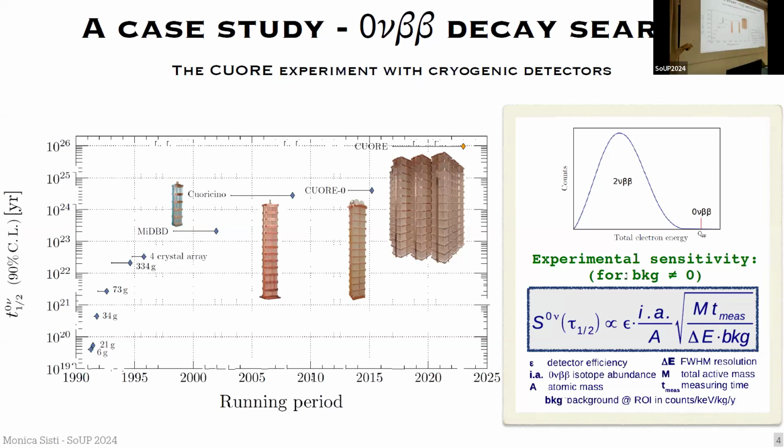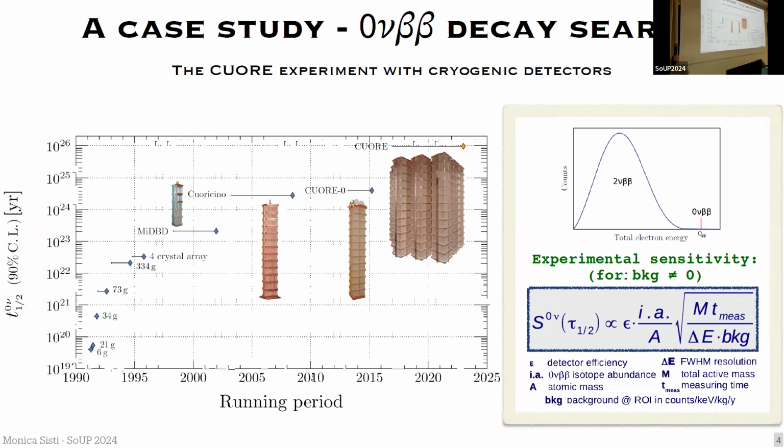So in the step from Politino to CUORE-0, that was the first tower of CUORE, we try to reduce as much as possible the materials close to the detectors. And so reducing the materials, building prototypes, this will be another topic that we will discuss today.